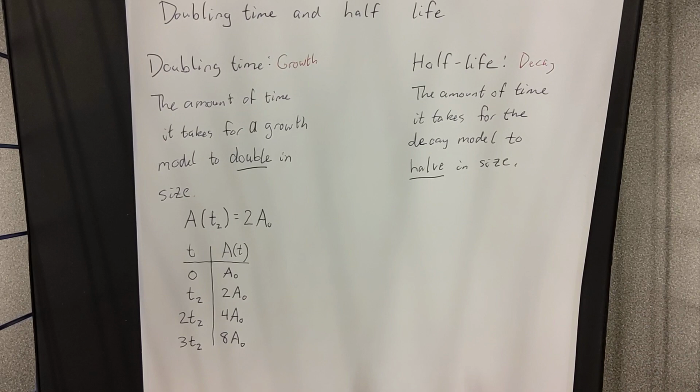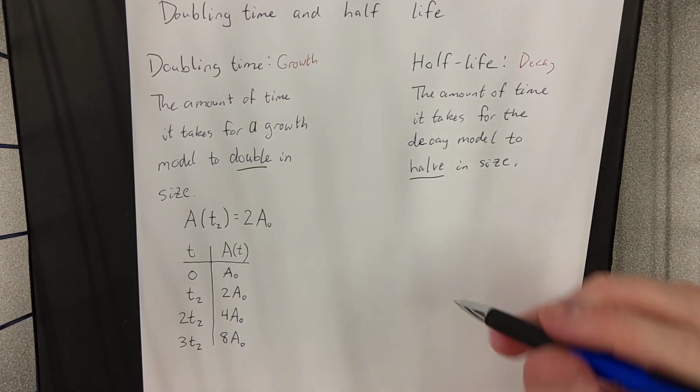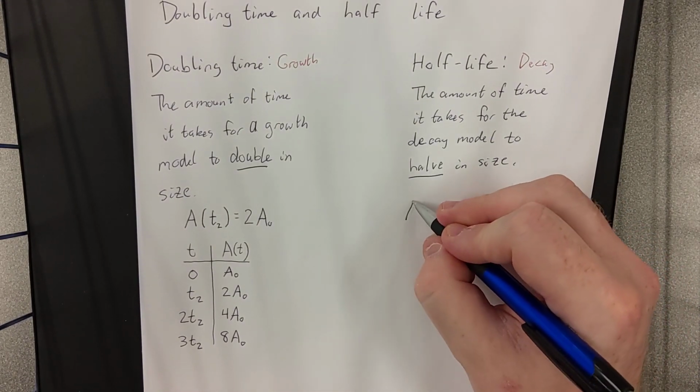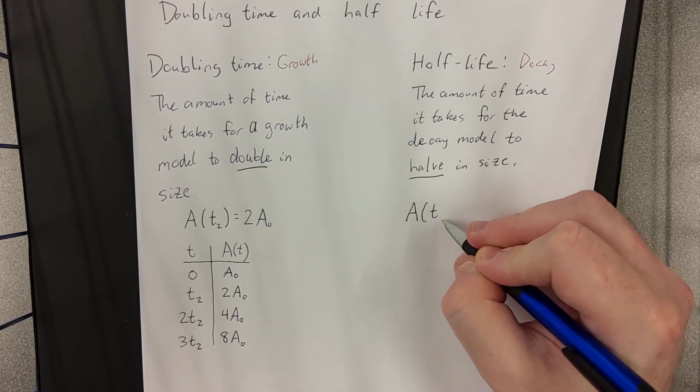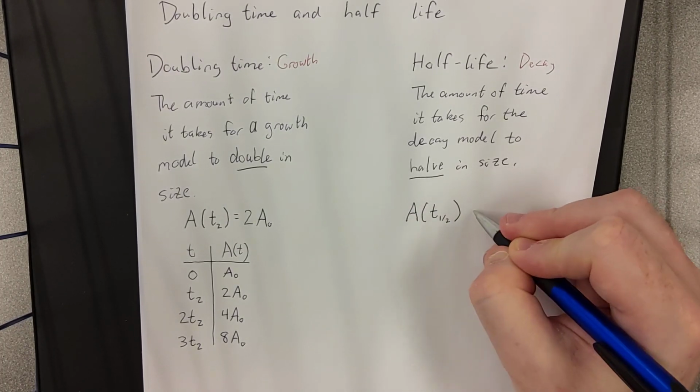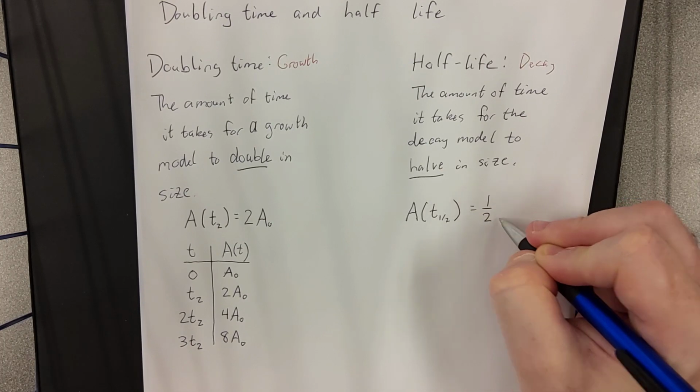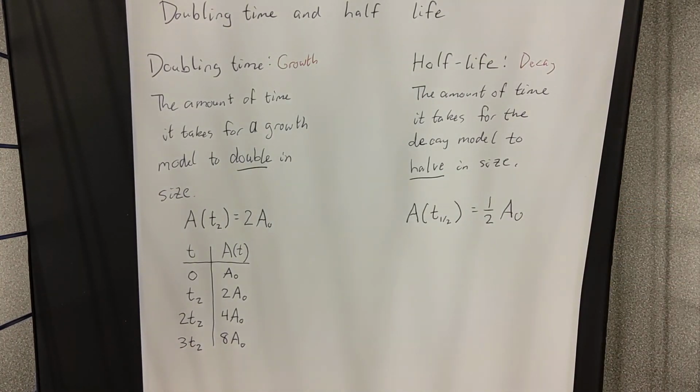That is, to become half as big as it was previously. So for half-life, typically the notation that we would use is t with a subscript 1/2. This would be half of whatever the initial amount is.